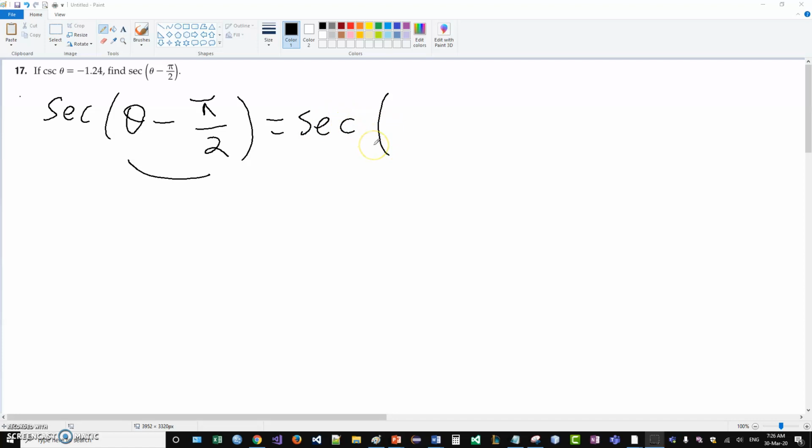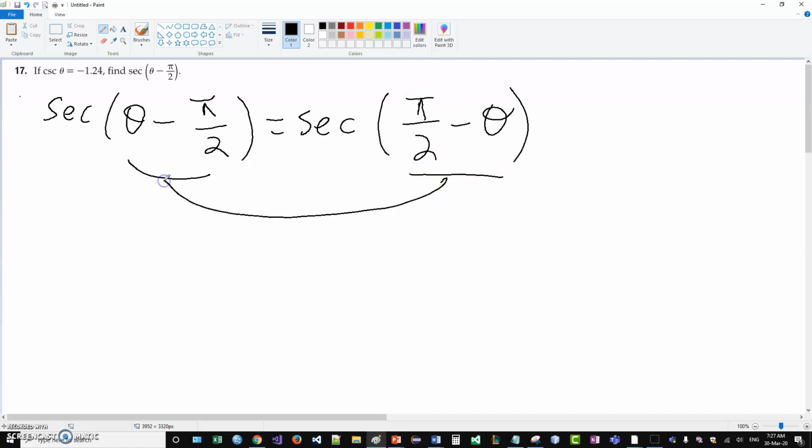Sorry for that. Because the secant is an even function, secant negative theta equals secant theta. So if we reverse this, secant theta minus pi over 2 equals secant pi over 2 minus theta. These two are the reverse of each other.